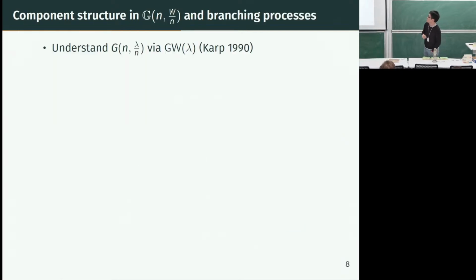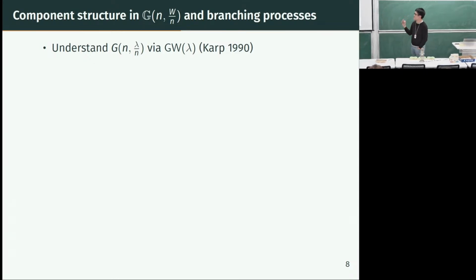Okay, so again we would like to understand the component structure in this slightly more complicated random graph. And the idea here is to look back at what Karp said before, so we can understand the structure in G(n, lambda over n), where lambda is some constant, by looking at what happens with this Galton-Watson branching process.